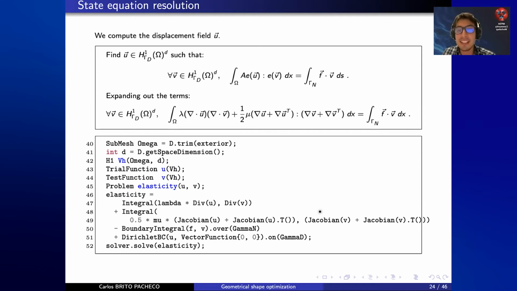So this mathematical expression, you just copy and paste it here, basically in code. And then you move this guy over to this side, to express the boundary integral of the multiplication of V over gamma n. So also in very syntactic, very expressive code. And then you add your Dirichlet condition.